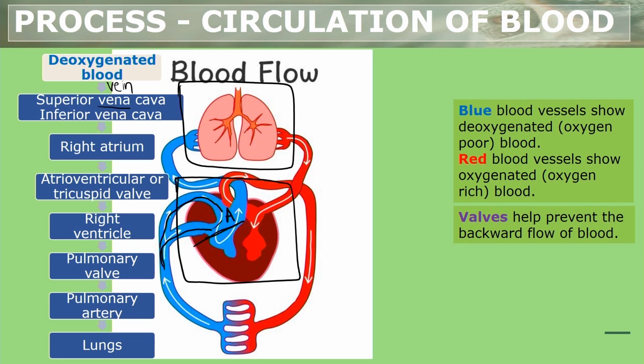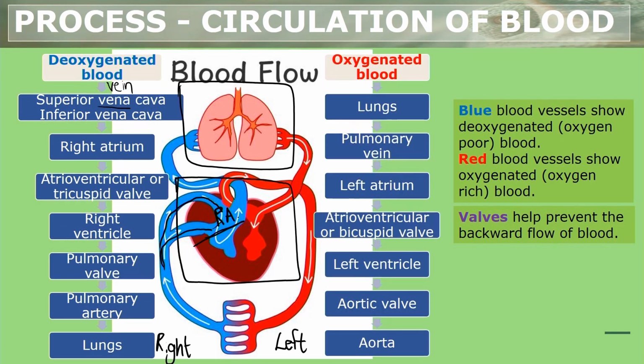As we have learned, my left will be right on paper, and my right in real life will be left on paper whenever we are looking at diagrams in life sciences, specifically of organs in the human body. So this is the right atrium. So deoxygenated blood moves from the different parts of the body, and it moves through the superior vena cava and the inferior vena cava into the right atrium.